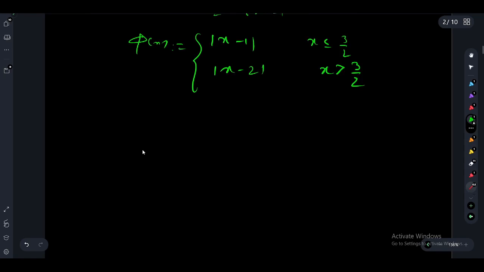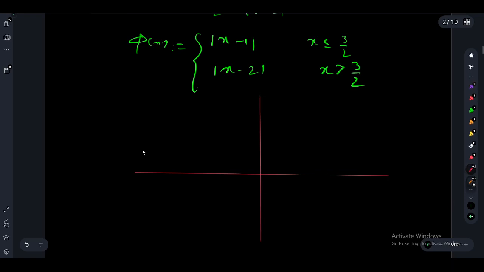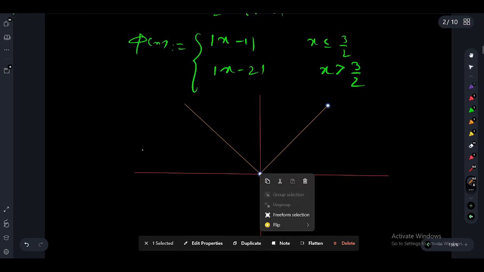First of all, we know that the graph of |x| looks like a V. If we graph |x|, it passes through 0 but is never negative, and it looks like this. This is our |x| graph.